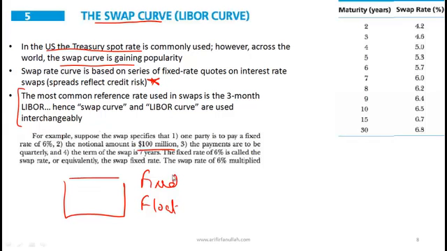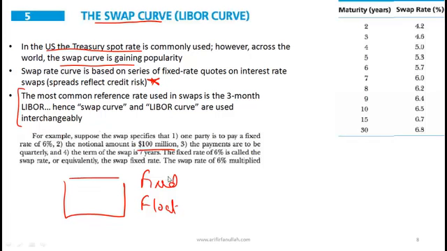Now let's say we do the sorts of calculations we talked about in level 1, and in level 2 we'll see this in more detail. The point is there will be some fixed rate that I'll pay you, which in present value terms is equivalent to the floating rates that you are paying me.